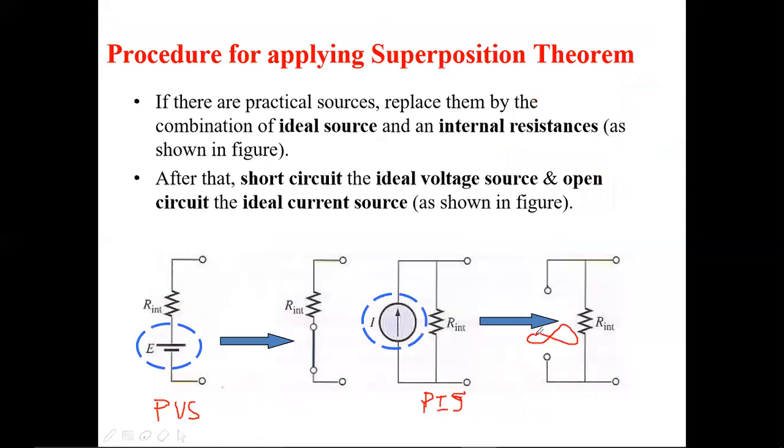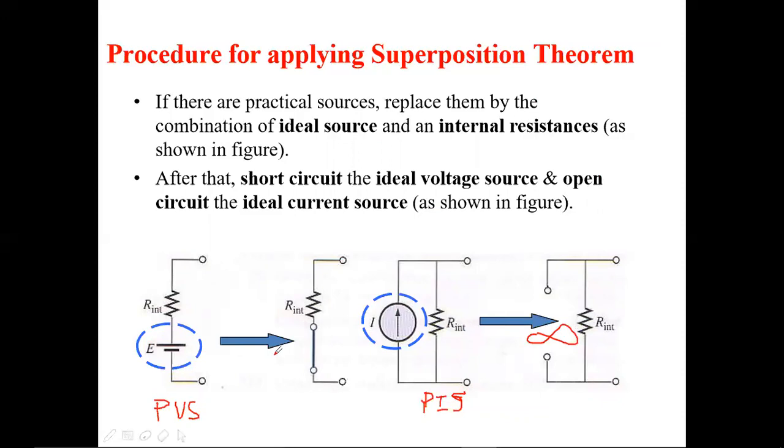The same applies to the practical voltage source. In the practical voltage source, you should assume the voltage source is ideal, then the ideal voltage source is replaced with 0, and the practical current source is replaced with infinity. So that is the reason you will get these types of combination circuits.